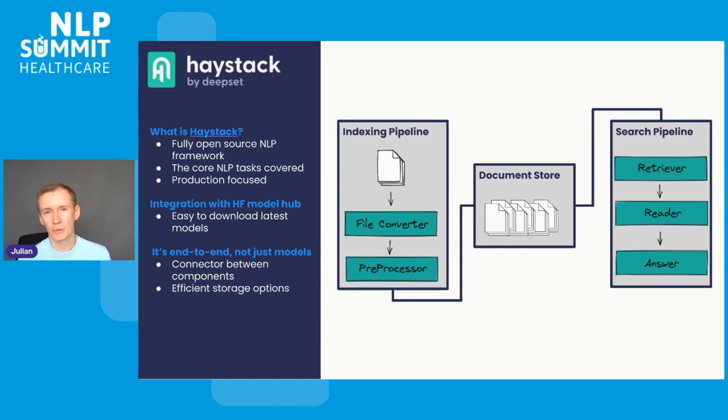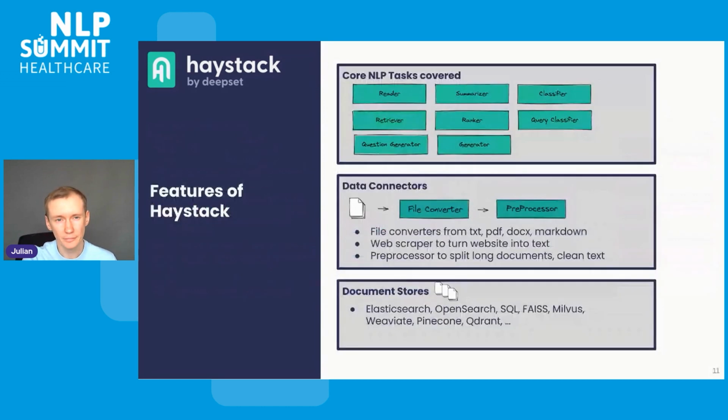And before that can happen, I actually need to convert these PDFs to text data. And this is what automatically happens then in Haystack. So you see in this graphic here that there's an indexing pipeline that is used when you add a file, and you have a search pipeline that is executed when you query the application.